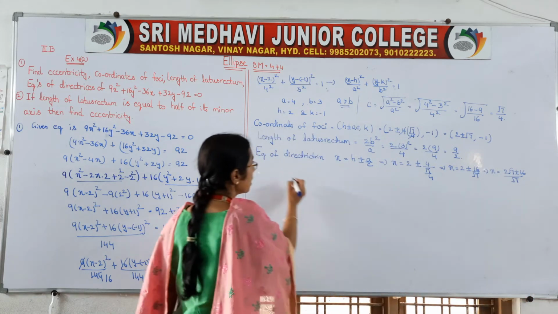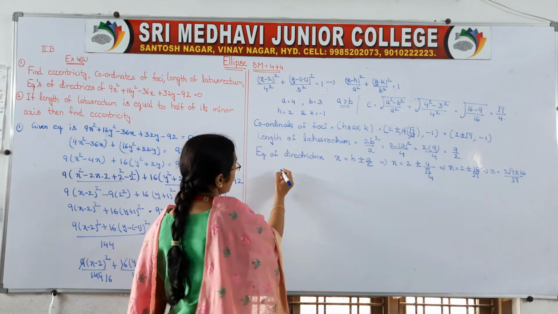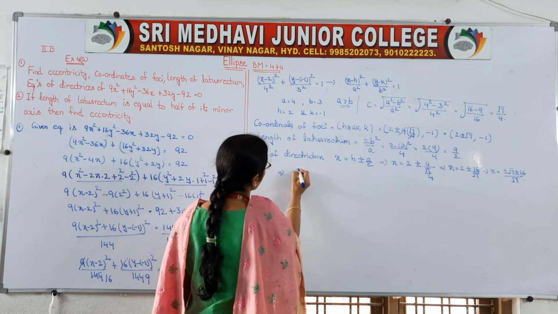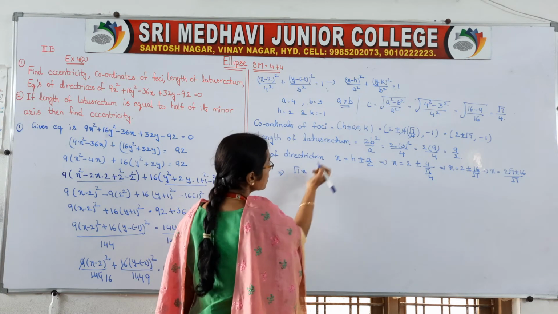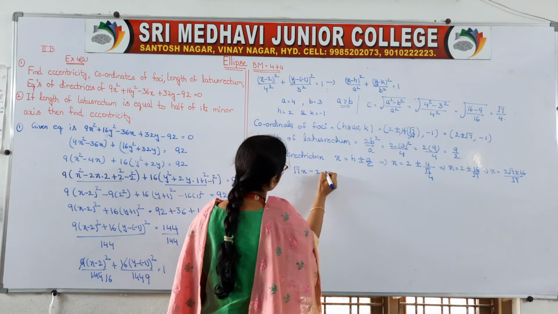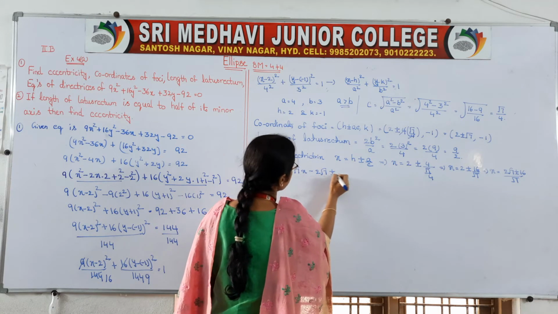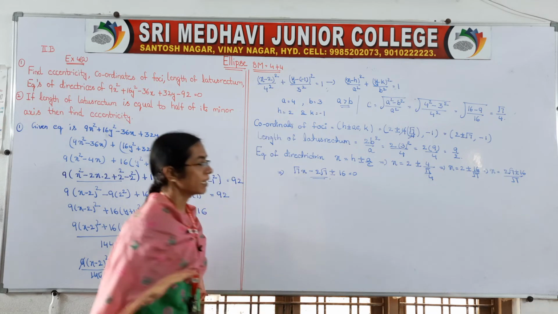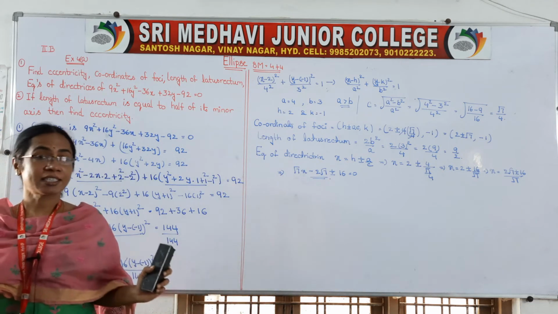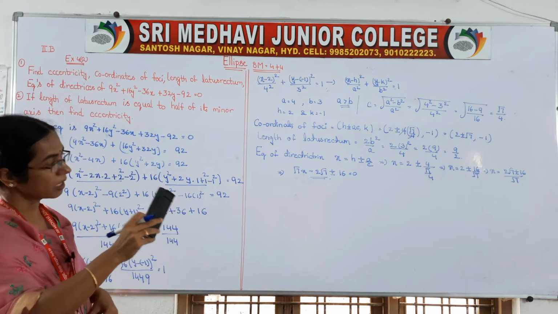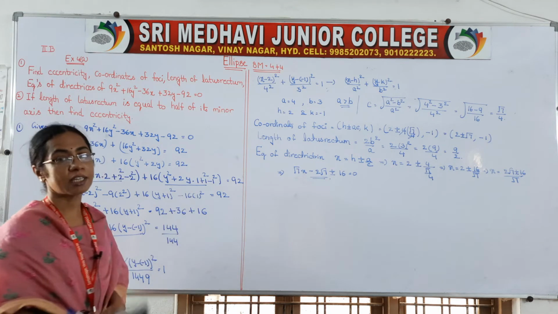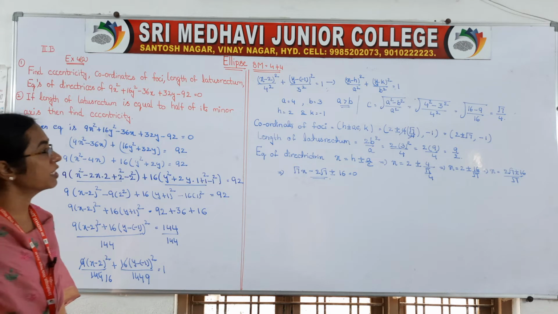So at the end, what is your equation? Bring this root 7 with the x. So it is root 7 x minus 2 root 7 plus or minus 16 is equal to 0, which is the equation of the directrices. If you take plus, you will get one directrix equation, and if you take minus, you will get the other directrix equation.